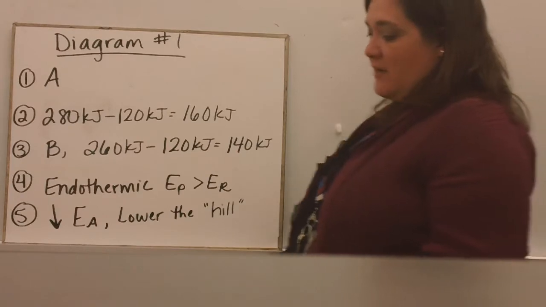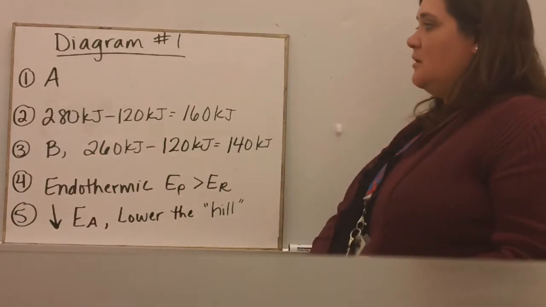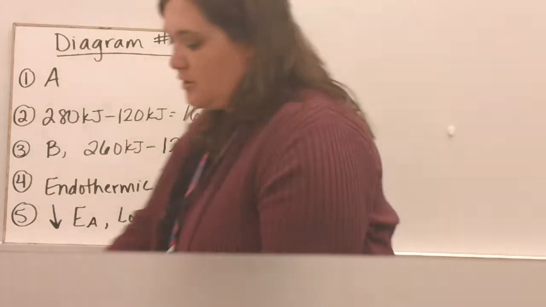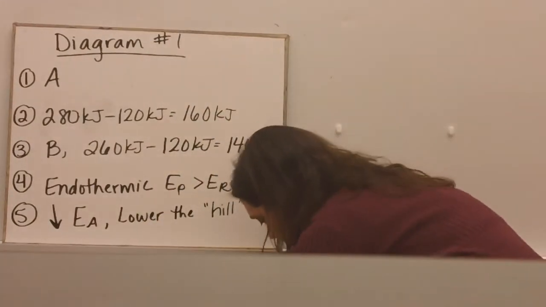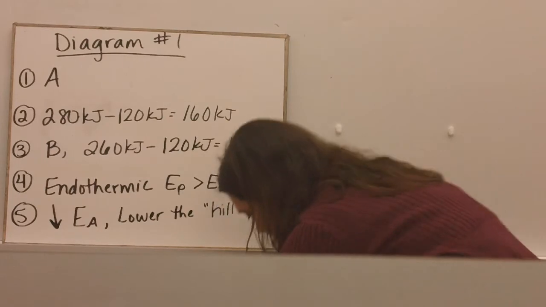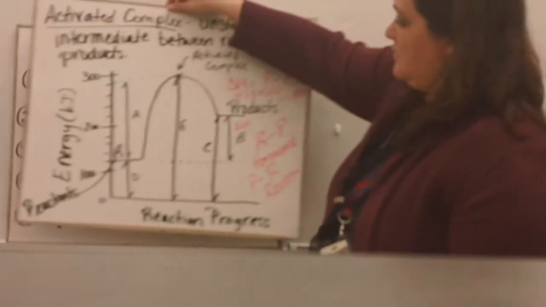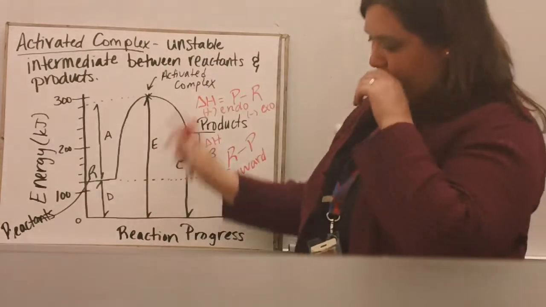So if we look at diagram 1 in your notes, you will see I did not draw diagram 1, because diagram 1 is the diagram we just had a moment ago.